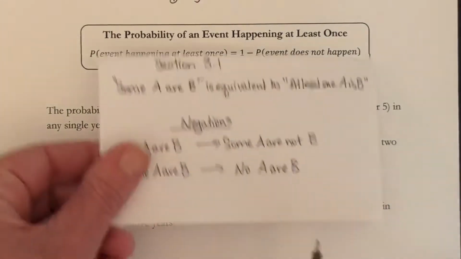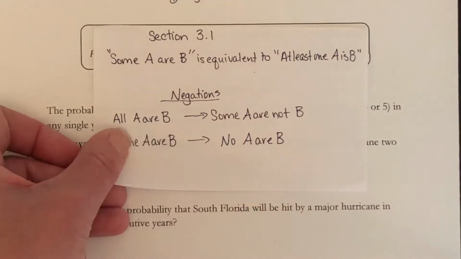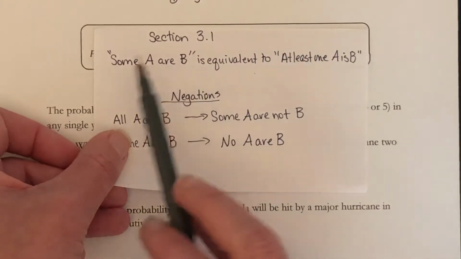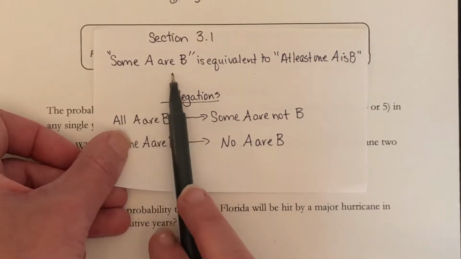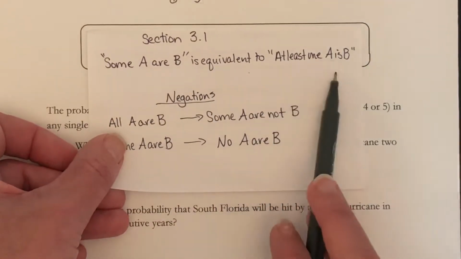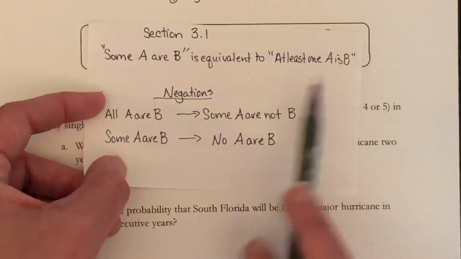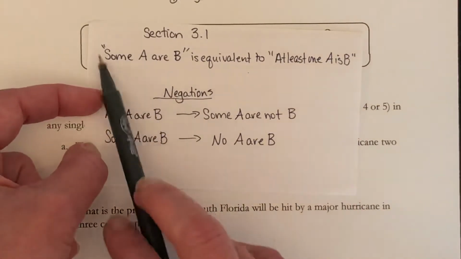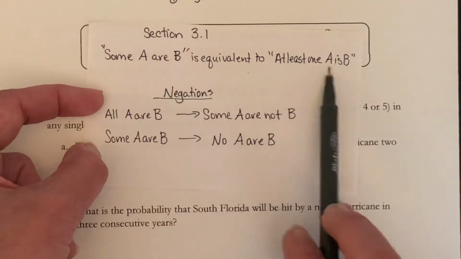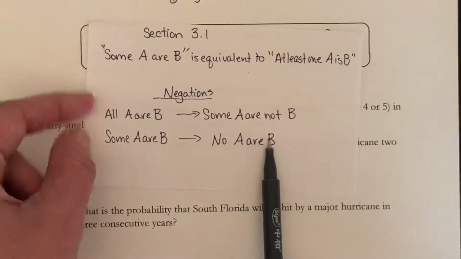Before I go into all of this, I want you to remember from section 3.1, when we talked about quantified statements, one of the things we talked about was the statement "some A are B," and how this statement is equivalent to saying "at least one A is B." The negation of this is "no A are B."